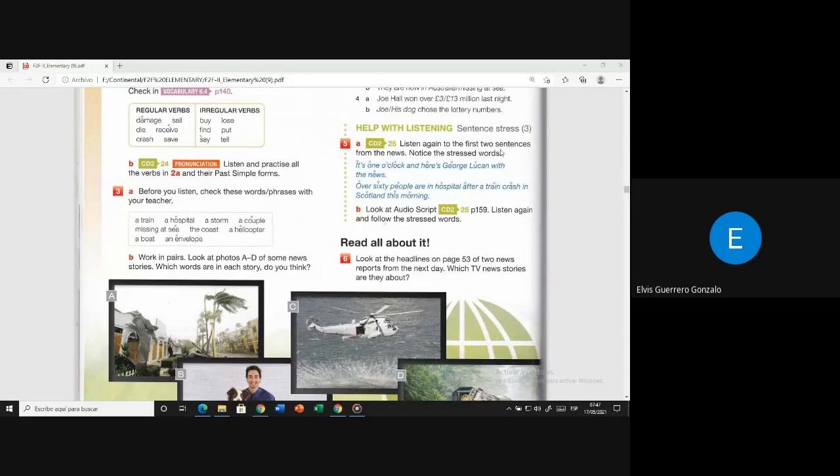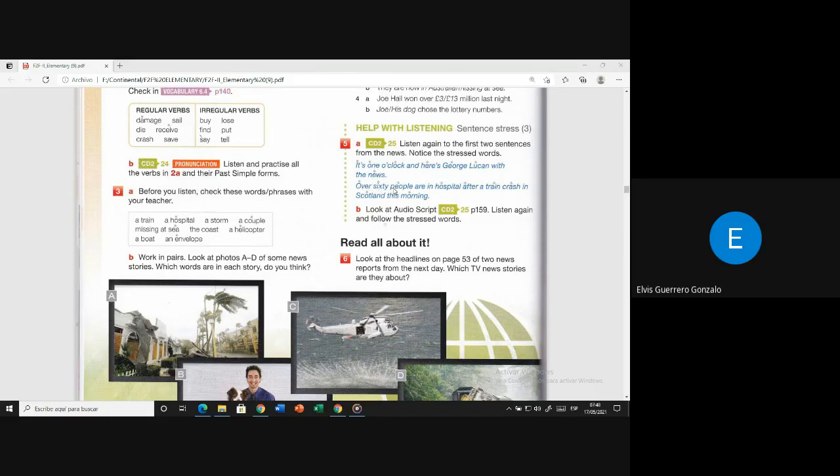This activity number 5 is especially about sentence stress. Sentence stress is the emphasis we put on words. Do you notice these spots? For example, it's 1 o'clock. Here's George, Lucan, news.